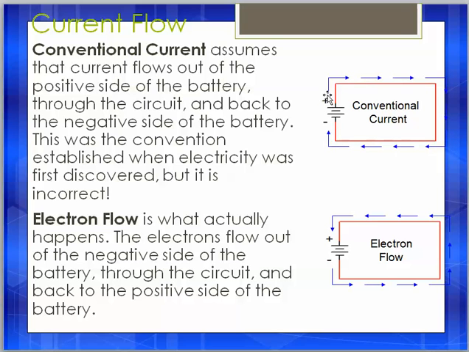A lot of our math is still derived around conventional current. But we now know that electricity is the flow of electrons, and it's actually in the exact opposite direction. The electrons are repelled by the negative and attracted to the positive, just the opposite of conventional current. But still, we quite often talk about conventional current because those rules have existed for so long.